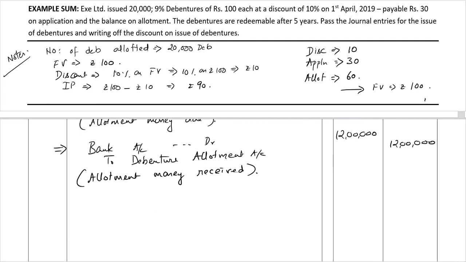And finally, we need to write off the discount on issue of debentures. There is no balance in the securities premium reserve. Nothing is mentioned in the question. So we need to write it off from statement of profit and loss.